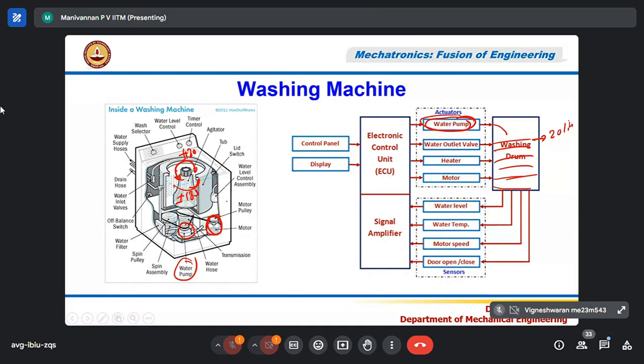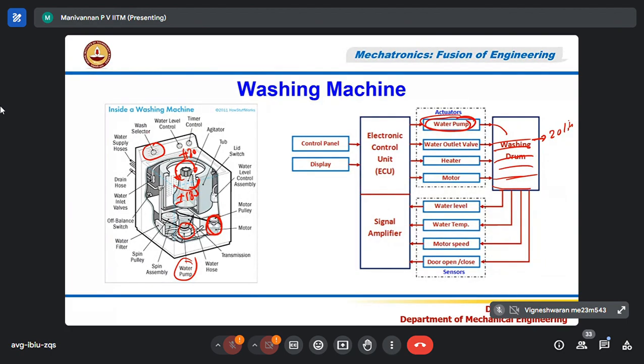Now if you see a washing machine, it has a control panel. In the washing machine, you select what type of cloth you are going to wash, whether cotton cloth, silk cloth, synthetic, or jeans material, thick material. You can select the type.